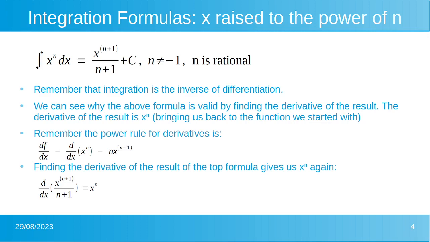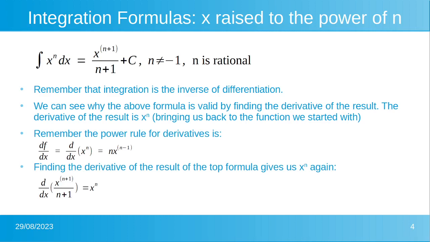So finding the derivative of the result of the top formula gives us x raised to the power of n. Again, the derivative with respect to x of x raised to the power n plus 1 all over n plus 1. To evaluate that using the power rule, we multiply by the power, so we multiply by n plus 1, and the n plus 1 cancels out above and below.